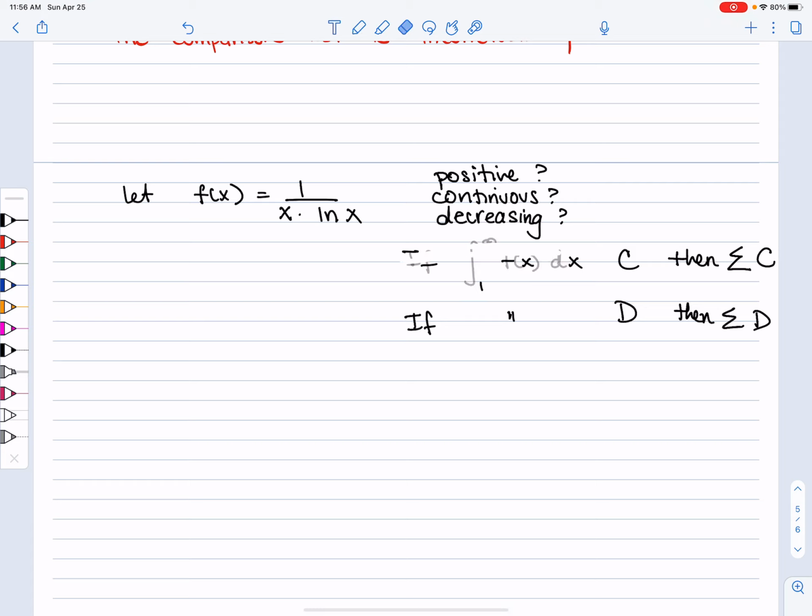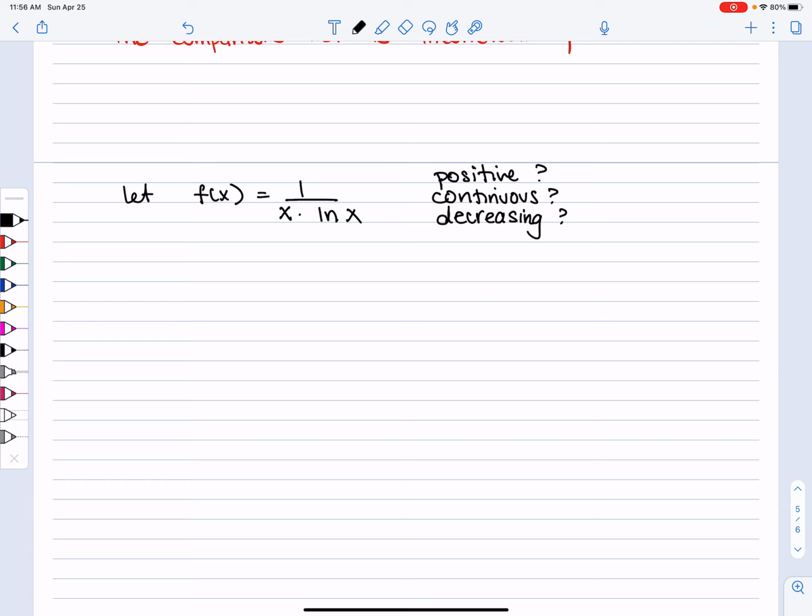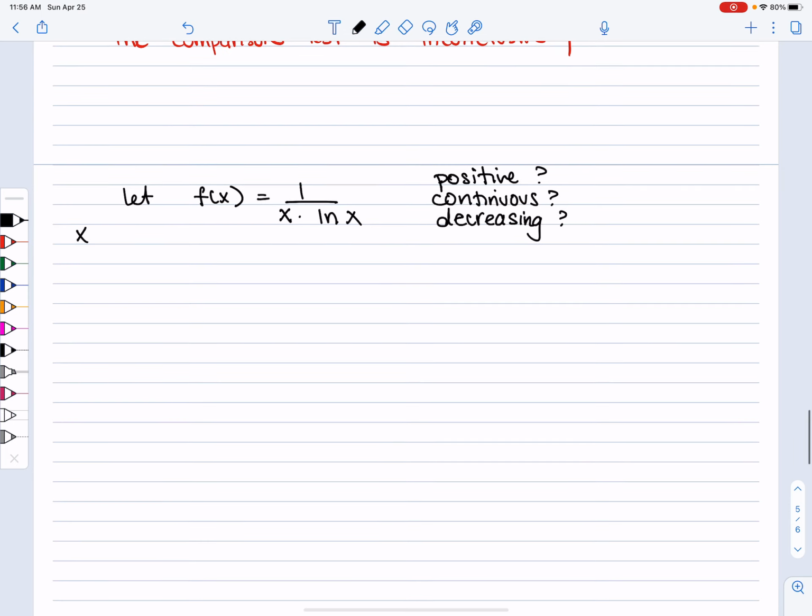Let's make sure that the 3 conditions are met before we continue. So is it positive? Well, we are looking at x times ln of x for x values greater than or equal to e, so we can say that it's definitely positive.